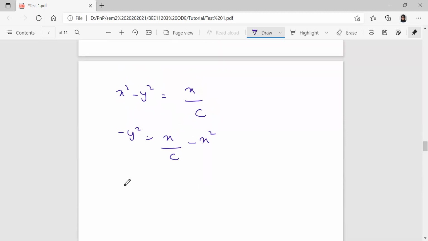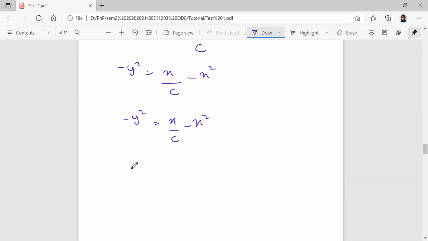Then minus y square equals x over c minus x square. And then, removing the minus, y square equals x square minus x over c.